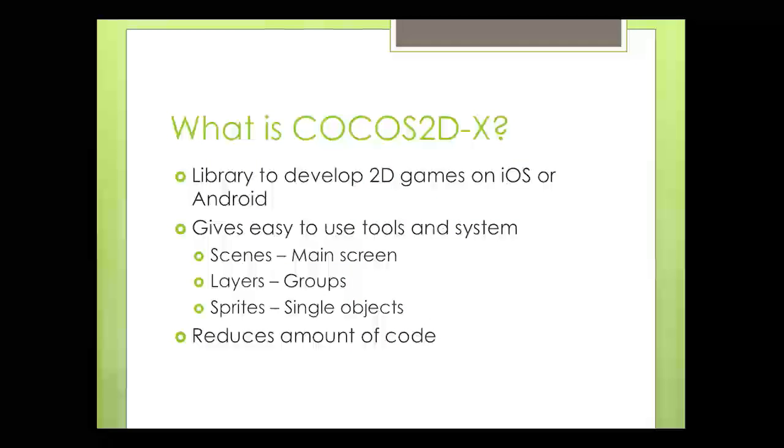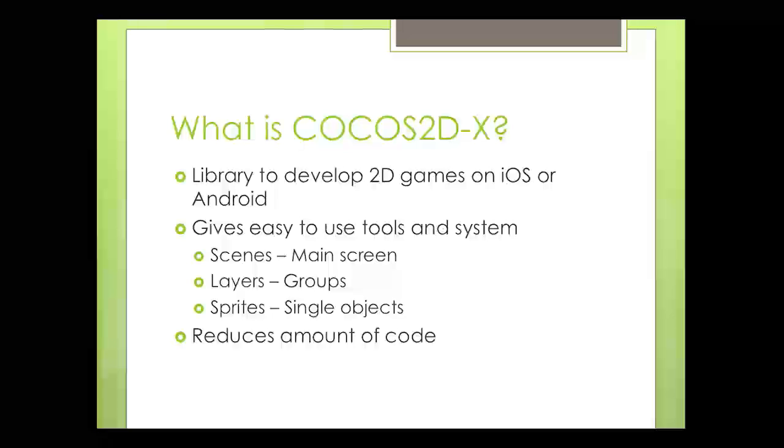Alright, what exactly is Cocos2d-x? It's a library to develop games on iOS or Android, and like I said, a couple of other choices. It's for developing 2D games, which is what the name says. It also gives you easy tools to develop games, and a simple system to understand.